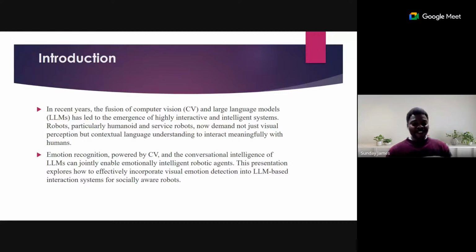These are fed into the large language model, which makes meaningful insight of the expression and tells the robot the kind of conversation to have with that human, so that the flow keeps going and the conversation is very intelligent.